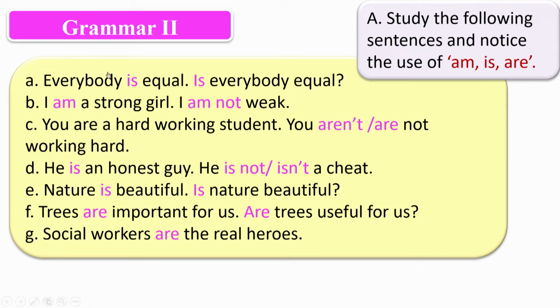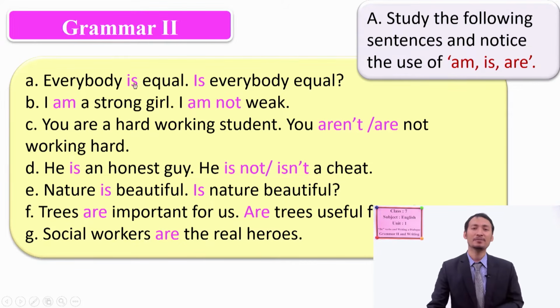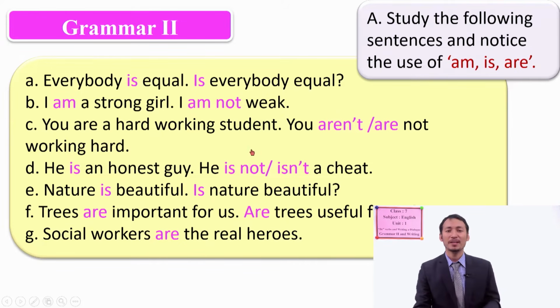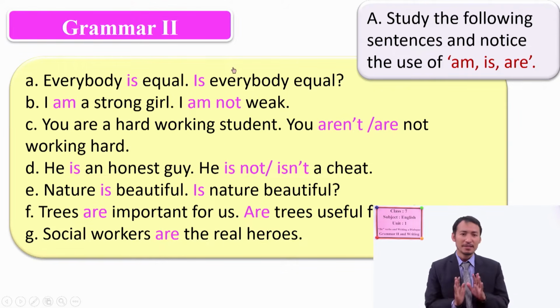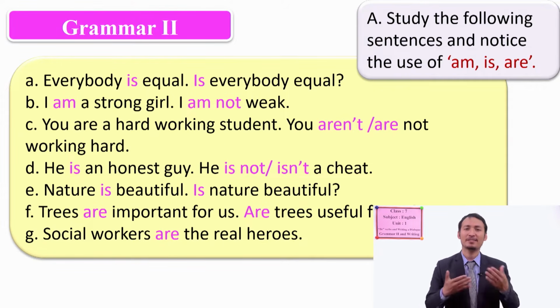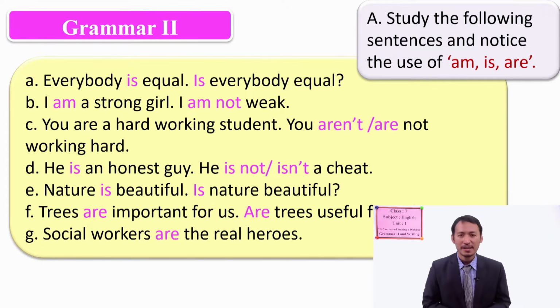For example, here, everybody is equal. We don't have any extra verb. Here, we have is as the main verb. Okay, students, so we have this list of verbs here to study for today's lesson. We are going to do the exercises and we are also going to learn about these verbs in more detail.